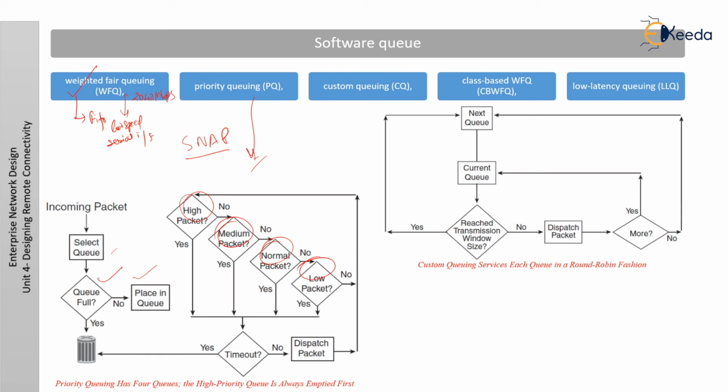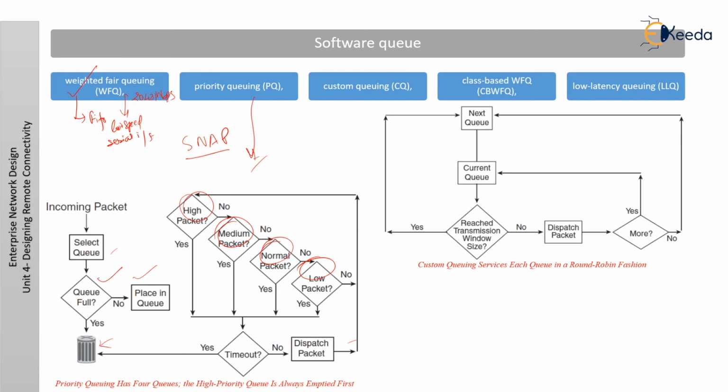If it is not medium, then go to normal. If it is not normal, then go to low. If it is not low, then again check whether it is high or low. If yes, then check for timeout and again dispatch the packet, and this way it will work. And if the queue is full or the process is completed, it will go to this box.